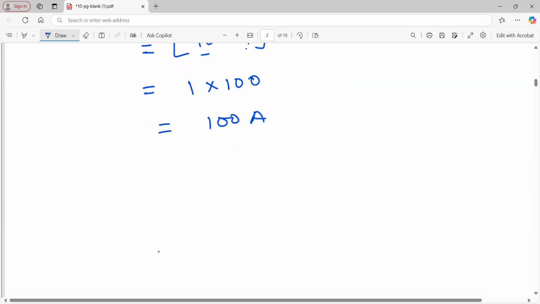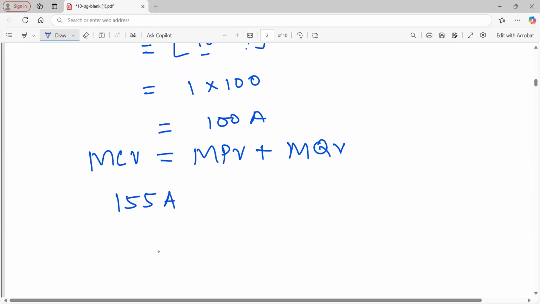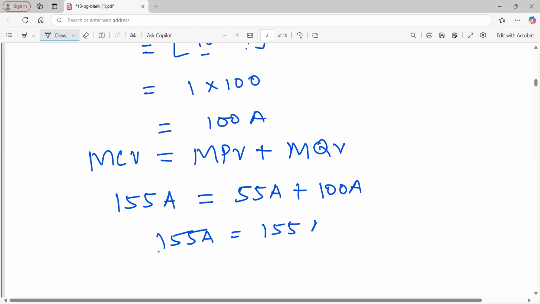And please always remember that material cost variance is equal to material price variance plus material quantity variance. In this case, material cost variance is 155 adverse, which is equal to material price variance, which is 55 adverse, plus material quantity variance, which is 100 adverse. So this 155 adverse is equal to 155 adverse.